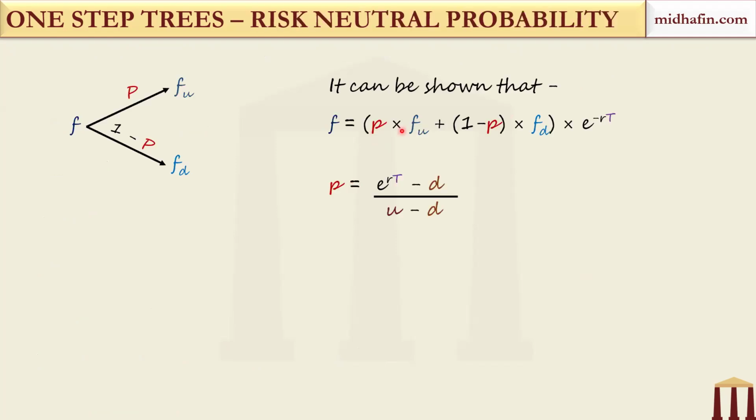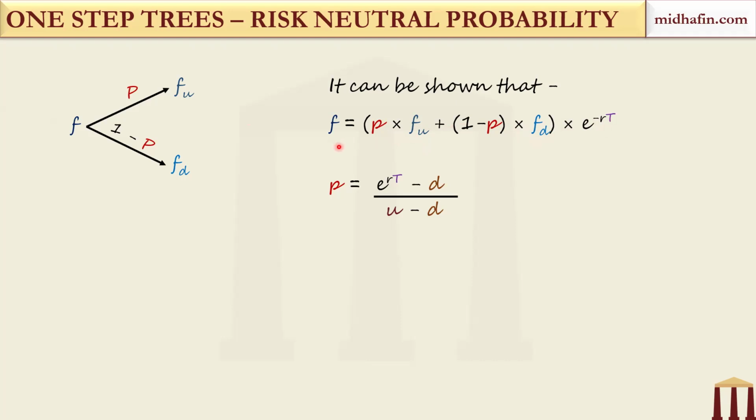This is the probability weighted average of the option's value after 1 year, or after time t. So P multiplied by Fu if it goes up, plus 1 minus P multiplied by Fd if it goes down. And then you take the present value to calculate its value today. That is the idea. Got it?